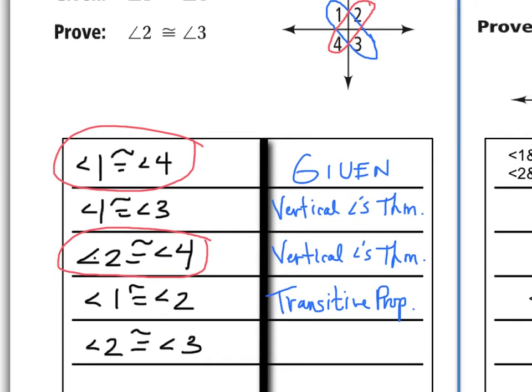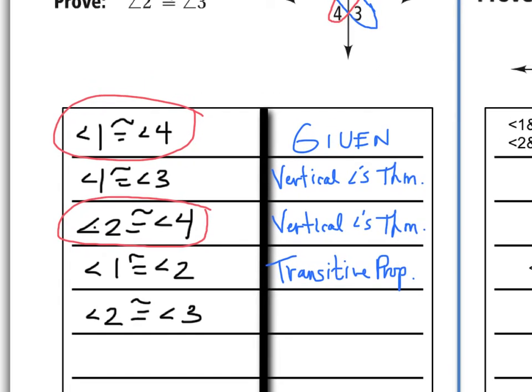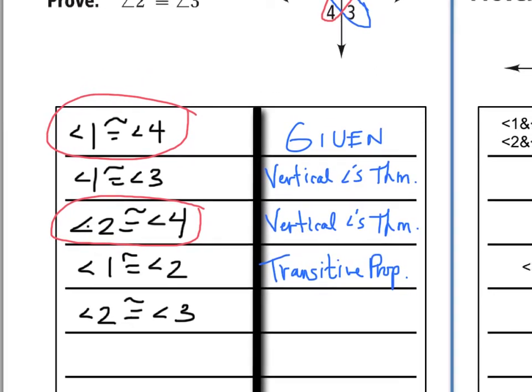The last step is angle 2 is congruent to angle 3. Again, I'm going to look at my statements above. Here I've got angle 1 is congruent to angle 2, and here angle 1 is congruent to angle 3. If they're both congruent to angle 1, then they're both congruent to each other.